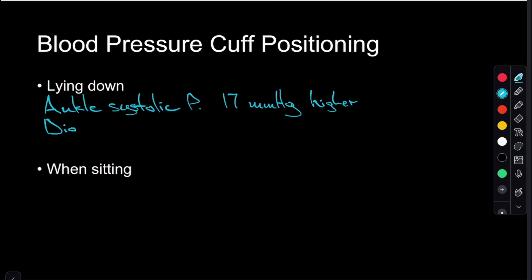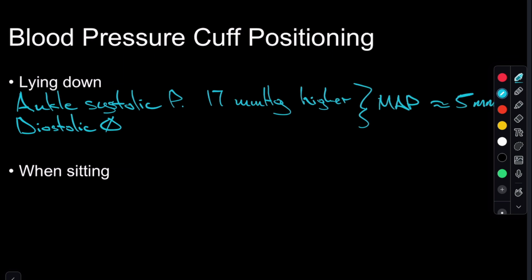Diastolic pressures didn't change depending on the position. And then because of this, your mean arterial pressure, which is made up of 1/3 systolic, 2/3 diastolic, was approximately 5 millimeters of mercury greater.